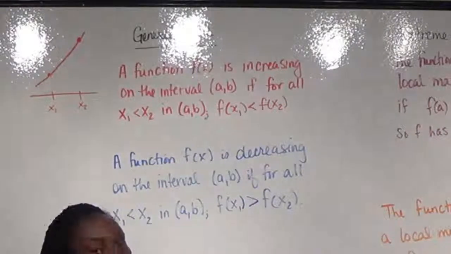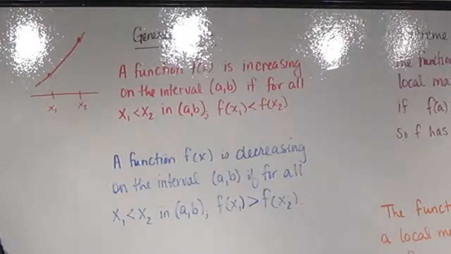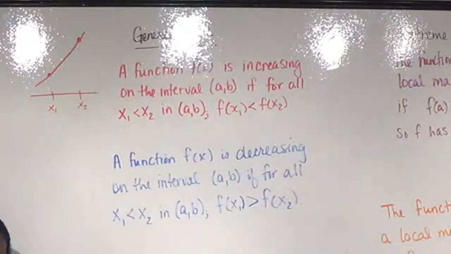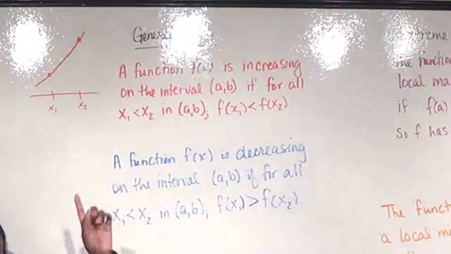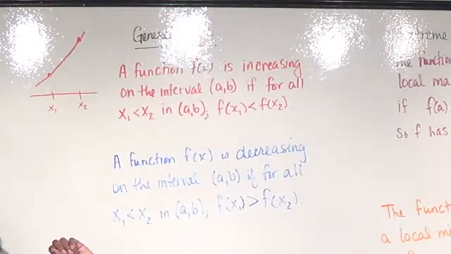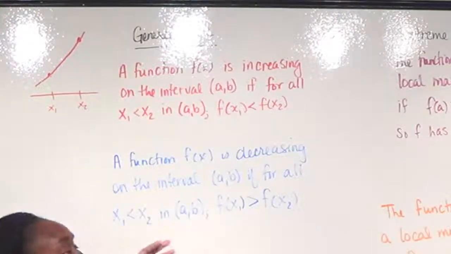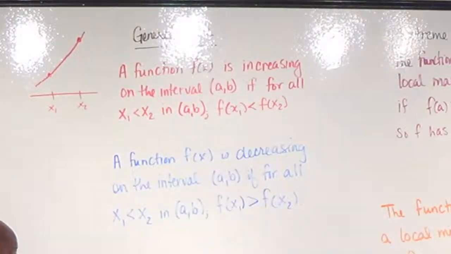And the way I've drawn this, my values for the function are both above the x-axis, but it really doesn't matter where they are. They could be below, they could be on it, but as I move from the left to the right, if the value on the left is smaller than the value on the right, then I know it's an increasing function.